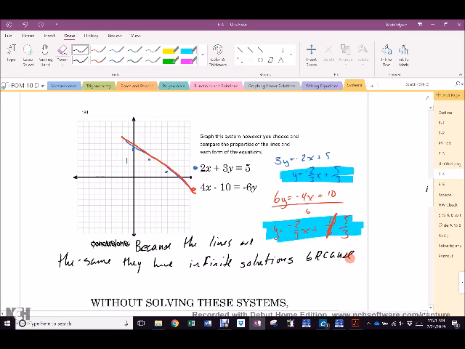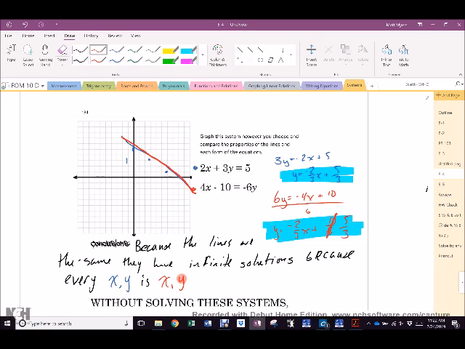Because every blue xy is a red xy. Everybody understand?